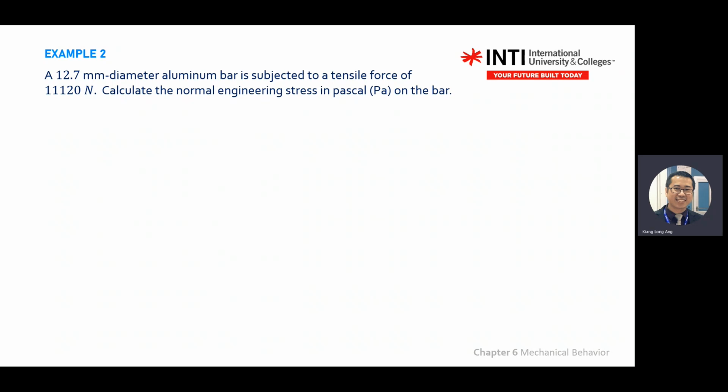So what is the answer? What does your calculator tell you? How many Newton over meter square?